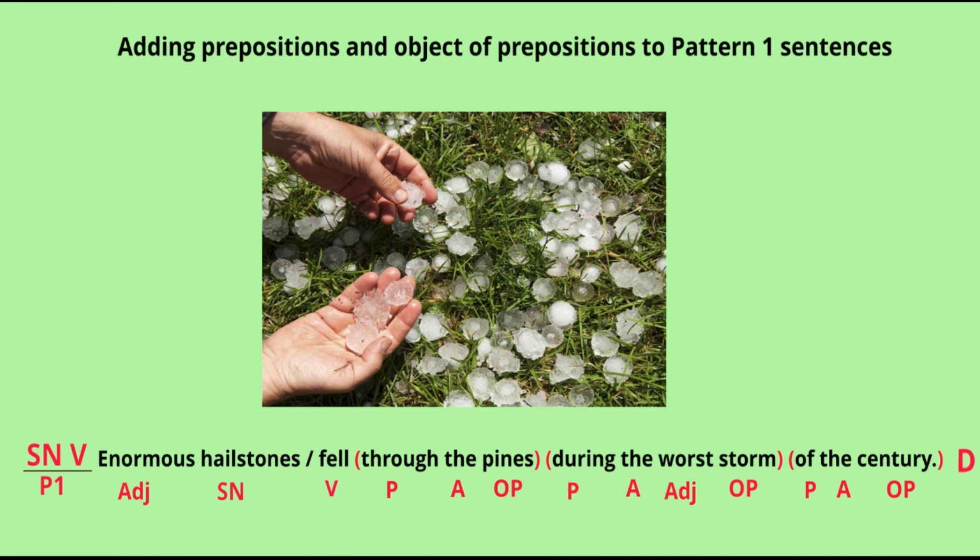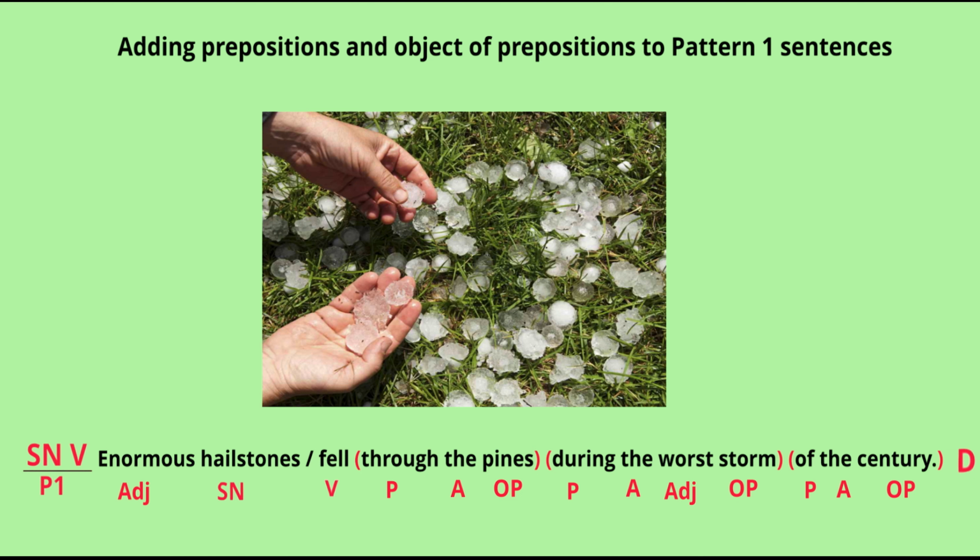Through the pines is the prepositional phrase. Why? Because through is the preposition. The is an article adjective and pines. So let's ask this question. Let me tell you a trick on how to find a preposition and a prepositional phrase. Through the pines, right? Let us ask this question, through what?